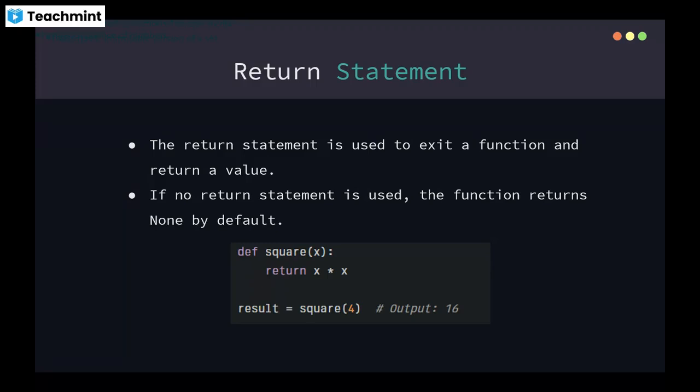In a general scenario, it's not always about printing. It's about reusing the calculated value, so we collect that returned value into a variable so that we can use that result in the further program. For this purpose we use return statements. So let us see arbitrary arguments and return statements.